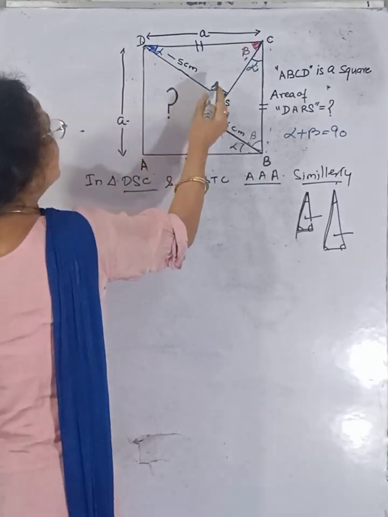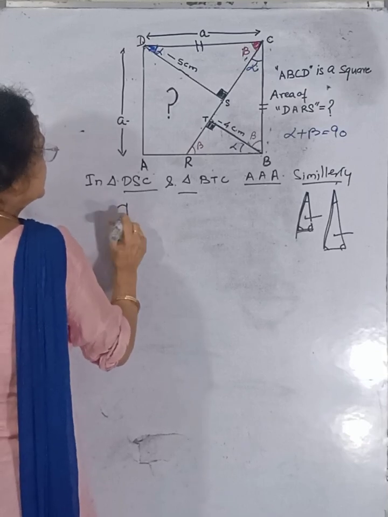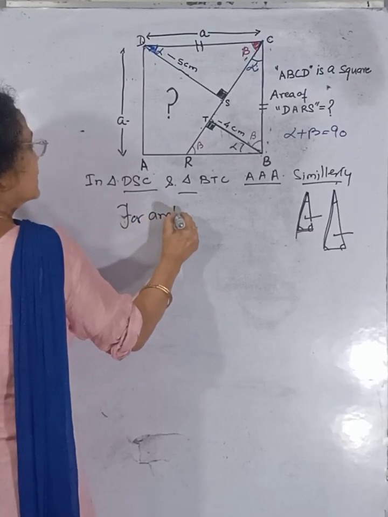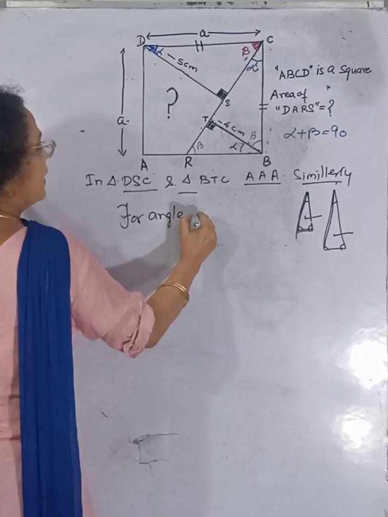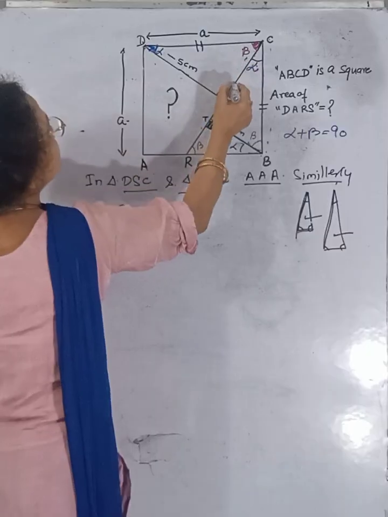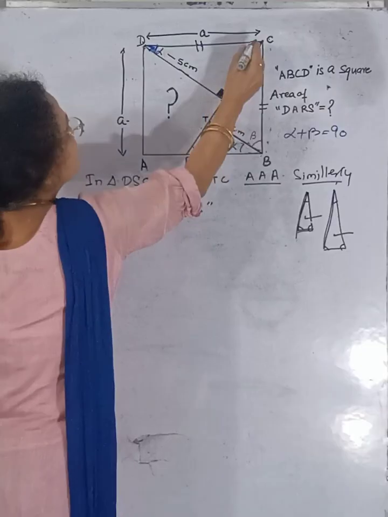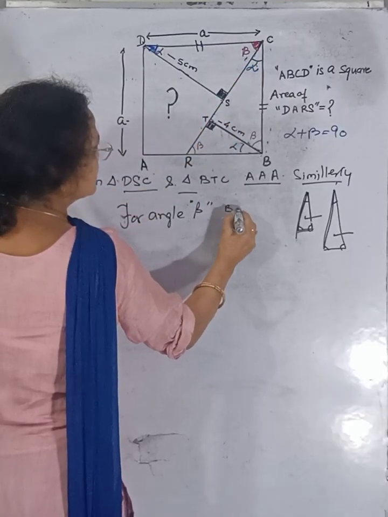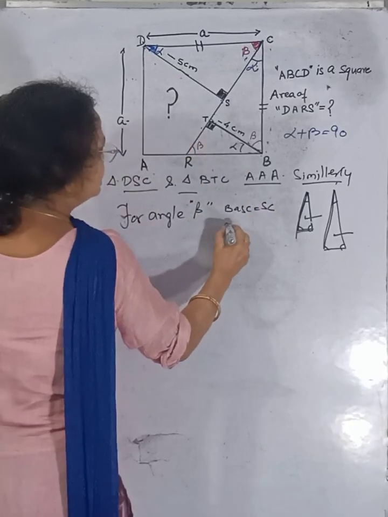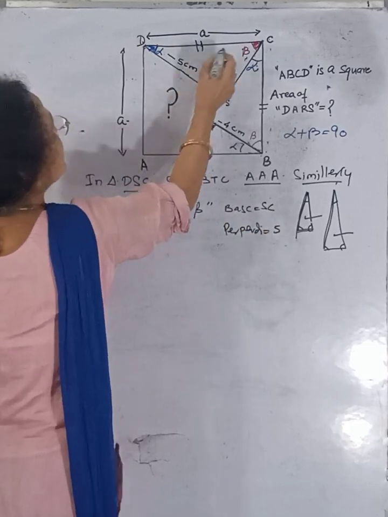Now let us take into consideration the angle beta. We are taking beta in this triangle. The base is equal to SC, and the perpendicular is equal to 5 for this angle.